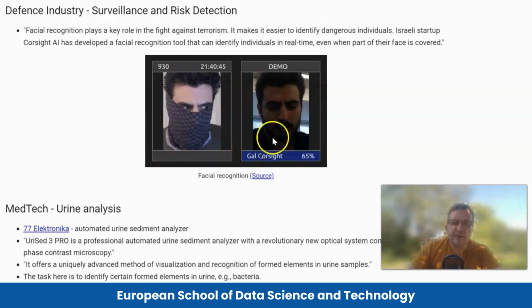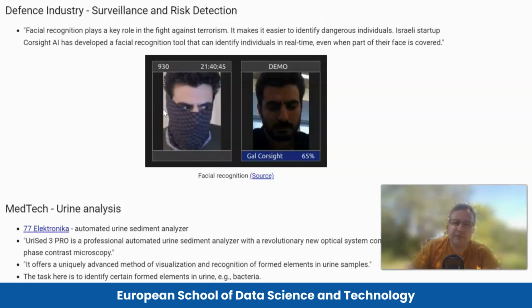Let's say that you have a picture of this person with backlight, where the face is totally dark and the background is totally light. And in this picture, the light conditions are fine, but half of the face is covered.